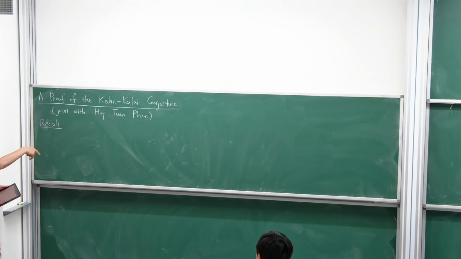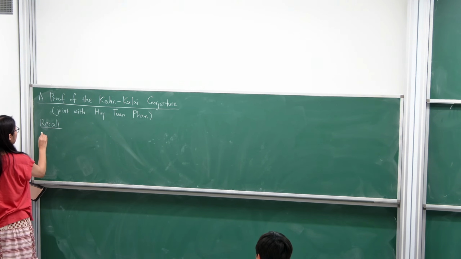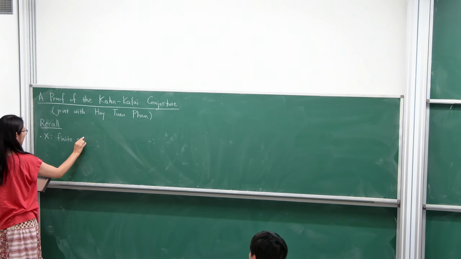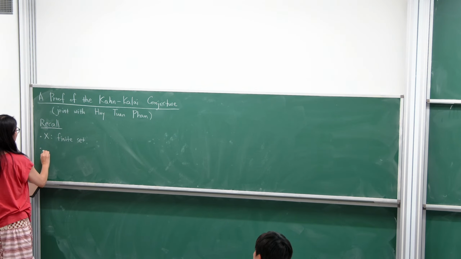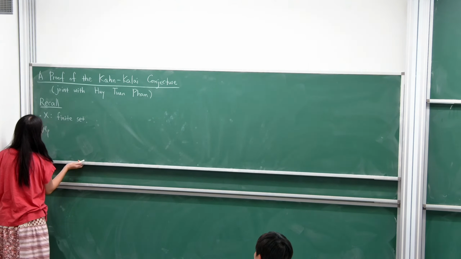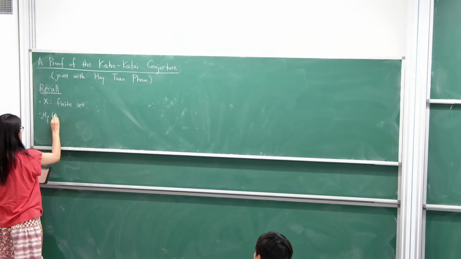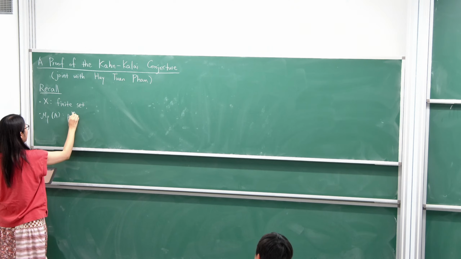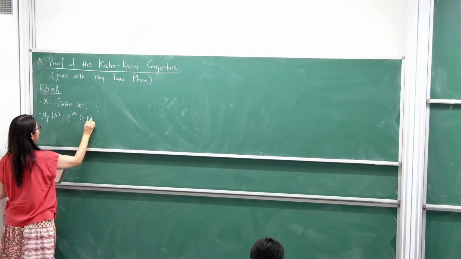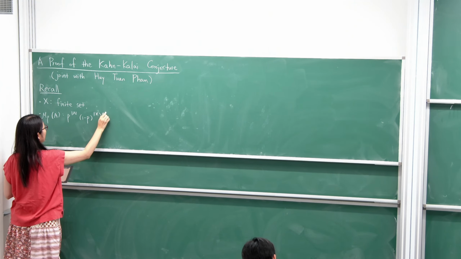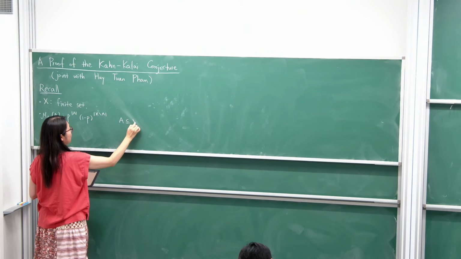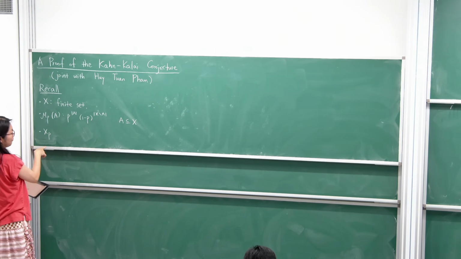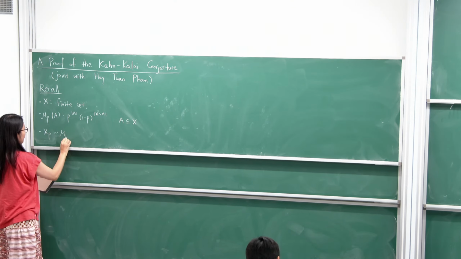Can you see here? Okay. So we used X for a finite set, and we used mu p for the p-biased measure. The definition is p to the size of A times 1 minus p to the size of the complement of A, for any A subset of X. And we used X_p for the random variable whose distribution is mu p.